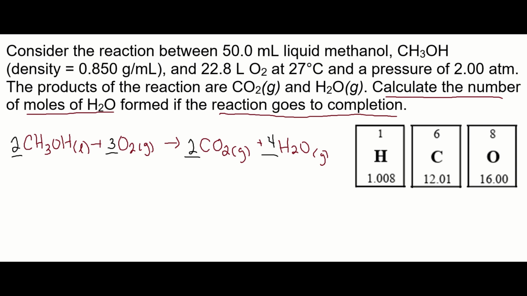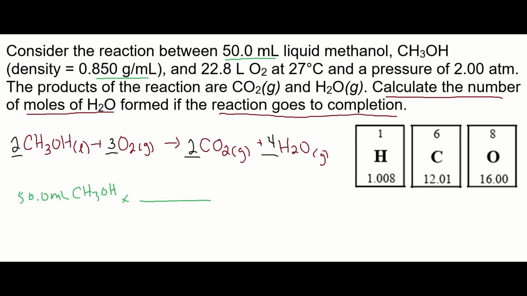So the answer is going to be in terms of moles of H2O. Let's see how many moles we have of methanol. We're given volume in milliliters, and we're also given density. So notice, because we're given density, we're able to get the mass. And we know if we have the mass, we can use the molar mass to convert to moles. Let's do that. Start with what you're given. That's 50.0 milliliters of methanol.